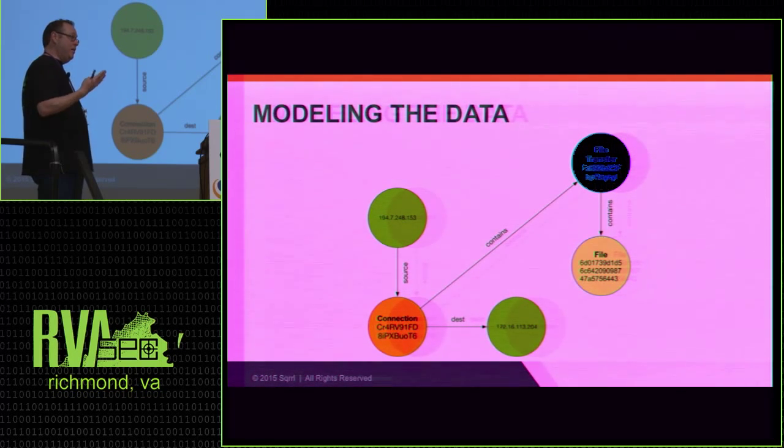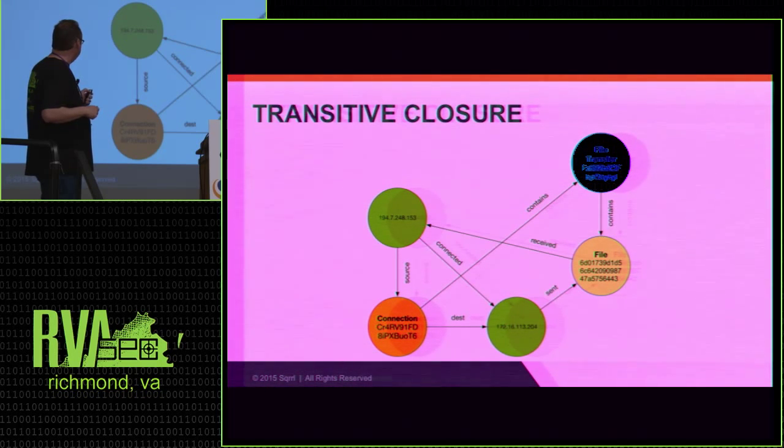Now, that may not always be the best way to look at this, having to always go through the transactions on the graph. So I would also like to introduce you to the concept of what we call transitive closure. It means, for example, if this thing is connected as the source to a connection, and this thing is connected as a destination to a connection, we can also make a direct connection so that you can just see, hey, these two hosts connect, they're in a relationship directly.